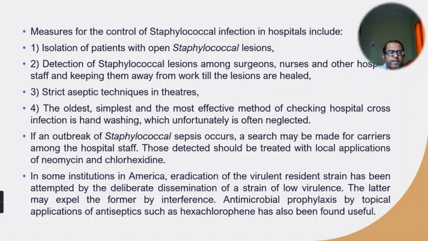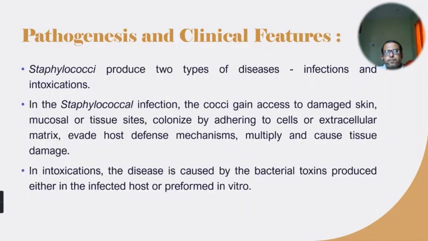And antimicrobial prophylaxis by topical application of antiseptics such as hexachlorophene has also been found useful in hospital areas. So these precautions should be taken in order to avoid hospital cross infections because of Staphylococcus aureus.